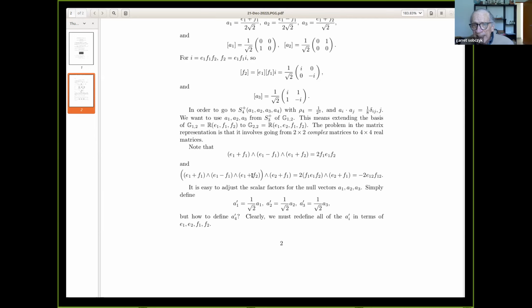We can very easily get from G12 to G3 by a re-identification of the vectors E1, E2 as bivectors. I've done that several times, and it's very clear how to get it, there's an isomorphism between G12 and G3. You just multiply by I to change the signature of the two null vectors F1 and F2, okay?